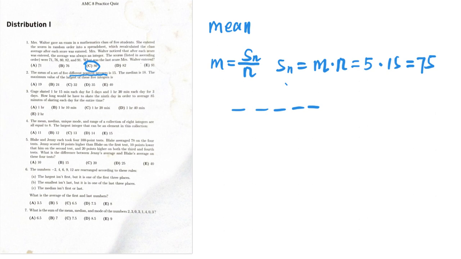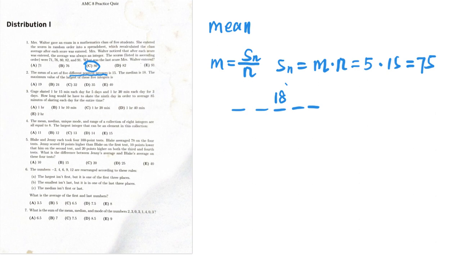Median is the middle number. If the number of numbers is odd, the median is the middle number. If the number of numbers is even, then the median equals the average of the middle two. Odd number, 5 numbers, that's easy. The median is the middle one, that's 18.